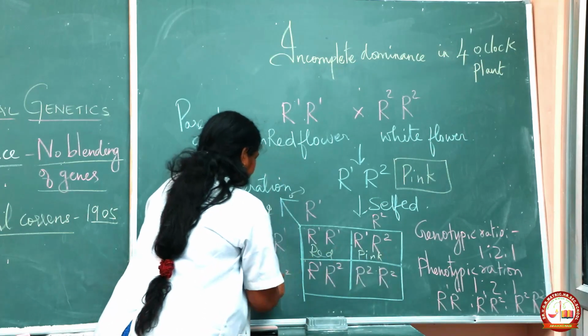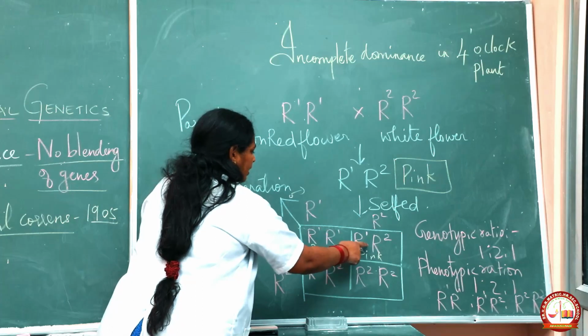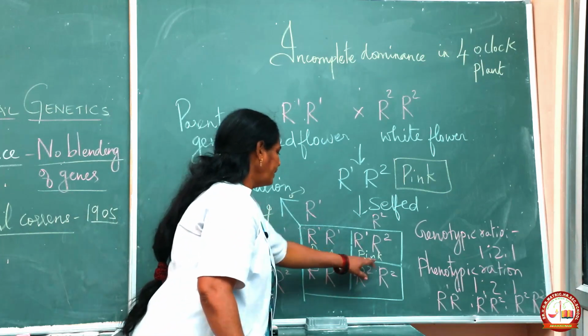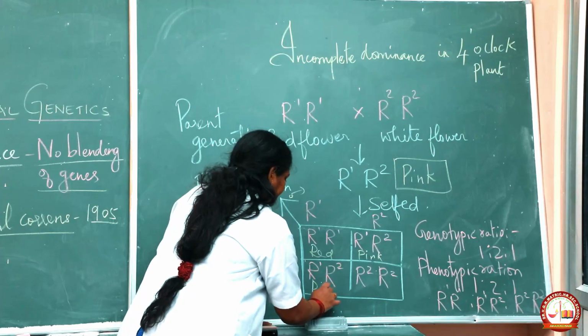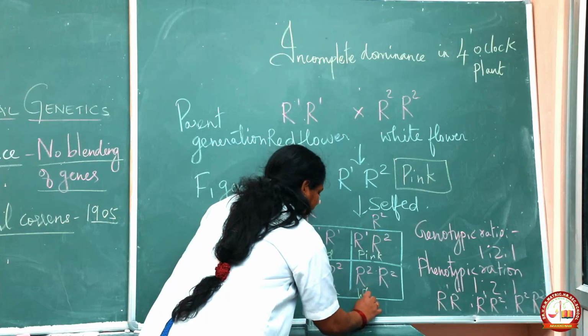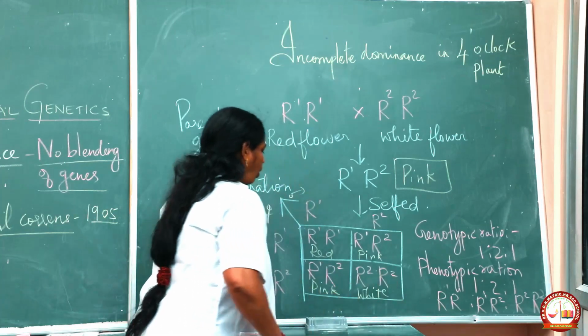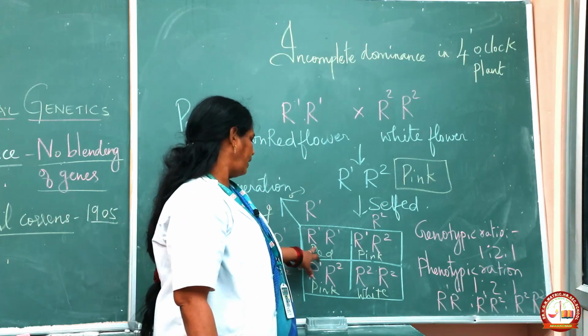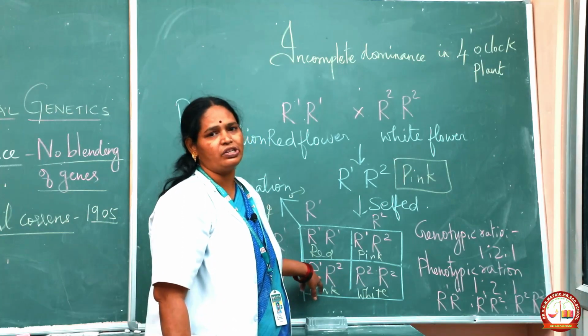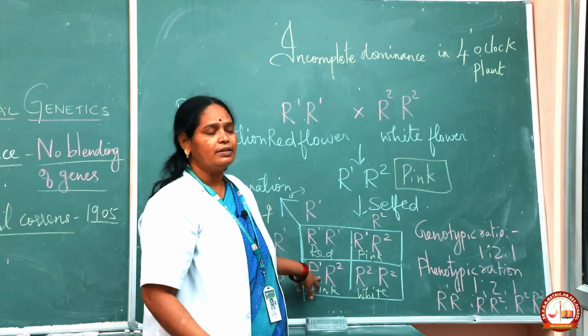Whereas R1 and R2 joined give pink color, and here again we get another pink. Lastly, white color. There is no occurrence of red and white together. Here no blending of the gene occurs.